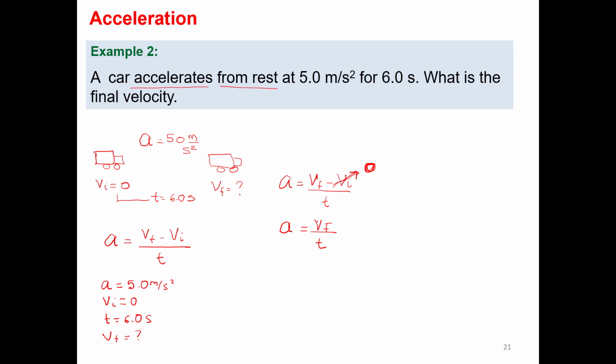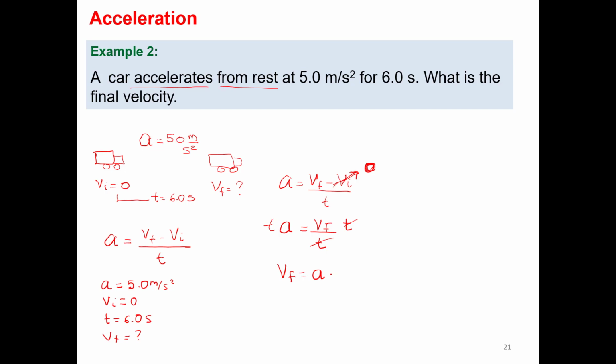To solve for final velocity, we just need to multiply by time. This cancels out. Usually in books the acceleration is written first, then the time, but it doesn't matter if you write t times a or a times t, you get the same thing.